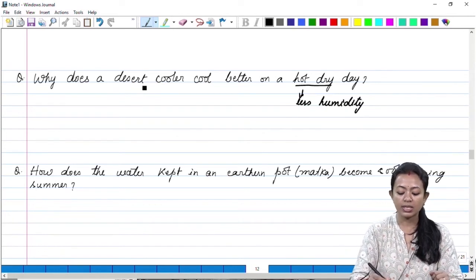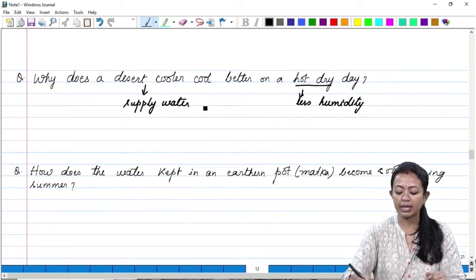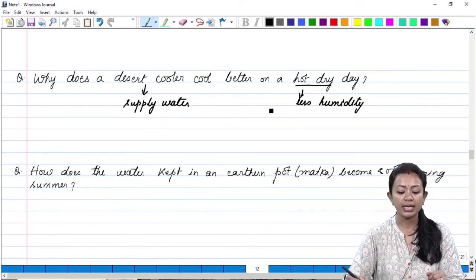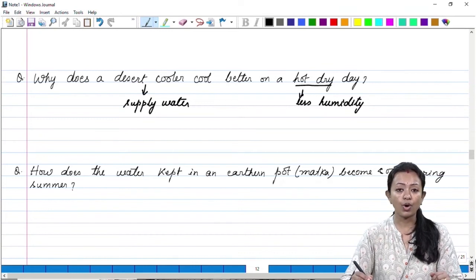And what is a desert cooler? That means supply of water. So definitely there happens to be a very good linkage that on a hot dry day, the desert cooler is effective in cooling because the level of humidity is very less.